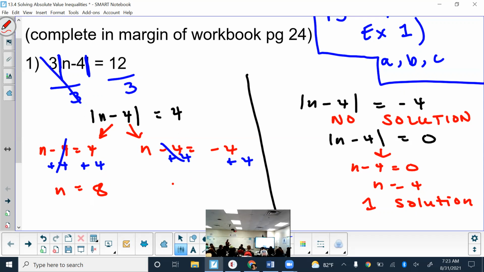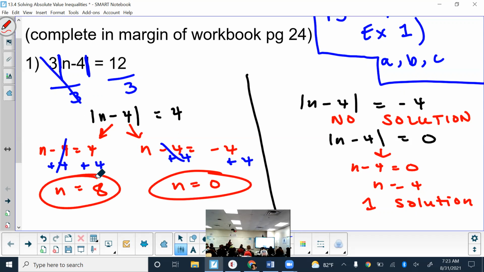N equals 0. All right, so most of the time you have 2 solutions. Because most of the time when you get to this step over here, it's equal to a positive number. So we have 2 solutions. All right, it's those situations that I wrote on the right where it might be no solution or one solution. Questions there?